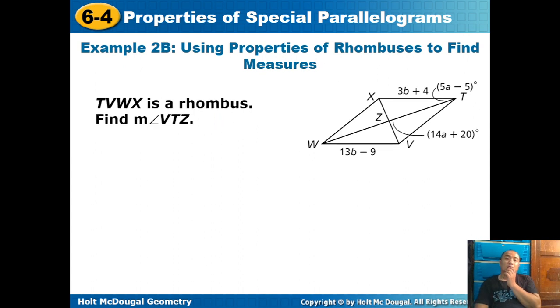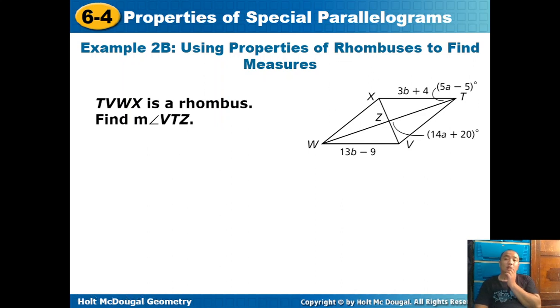Next, TVWX is a rhombus, and we find the measure of angle BTZ. Where's BTZ? It is 90 degrees, since the diagonals are perpendicular. Then we have 14a plus 20, so we equate that: 14a plus 20 equals 90 degrees.